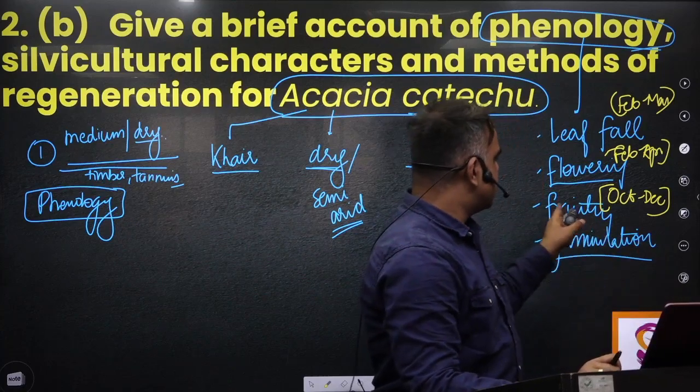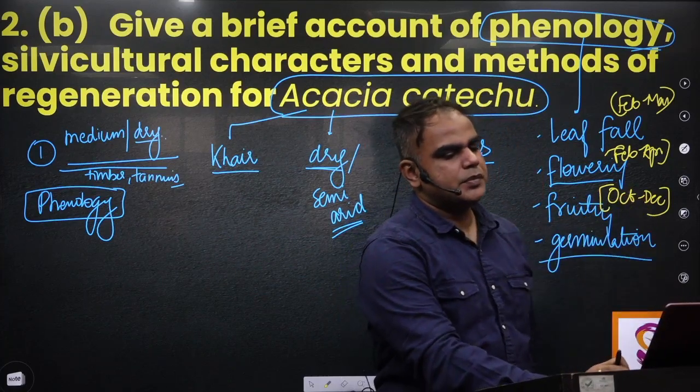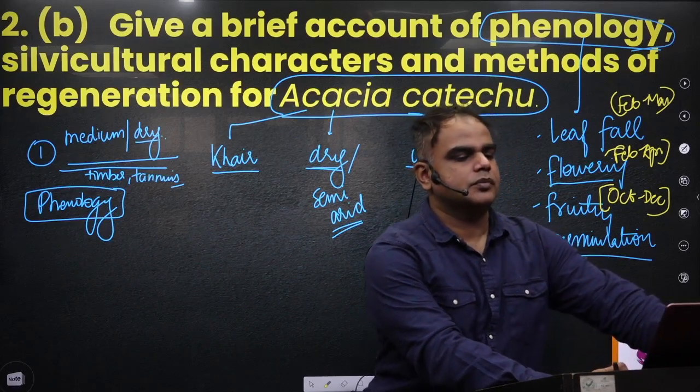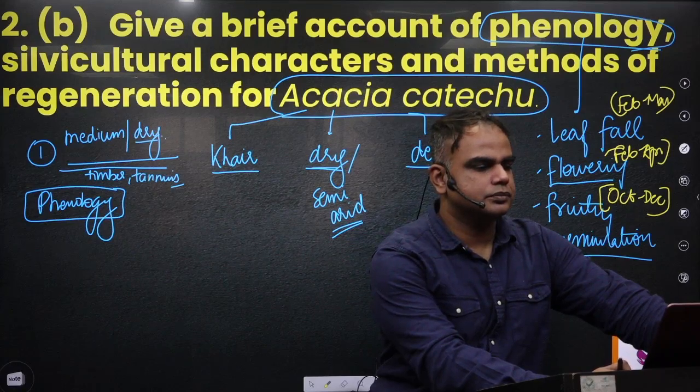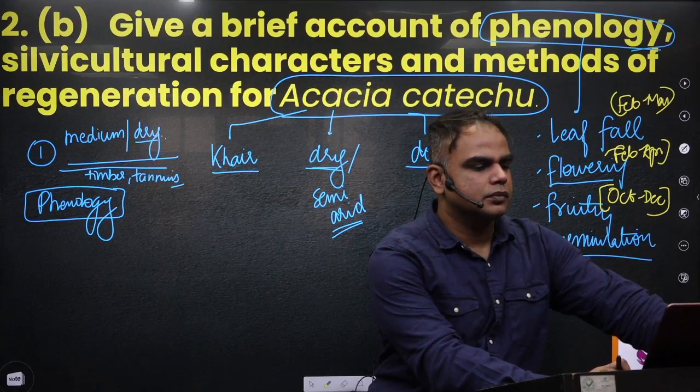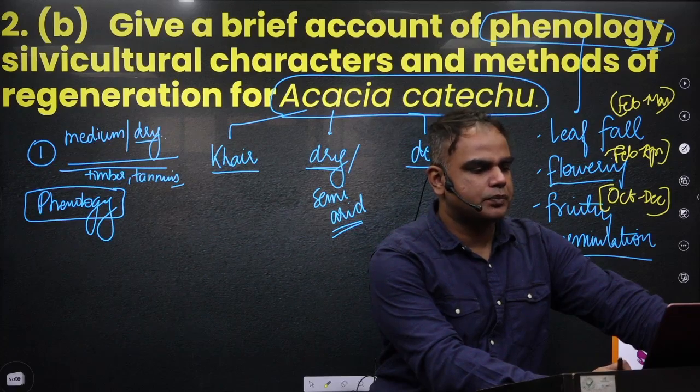So here you can just write down, from October to December, the fruits ripen. Okay.